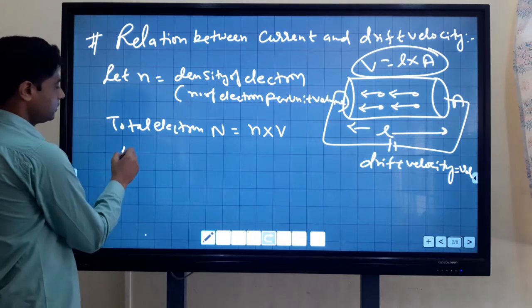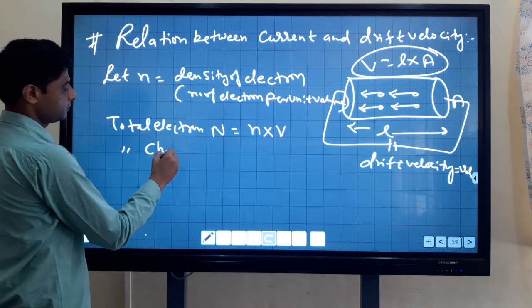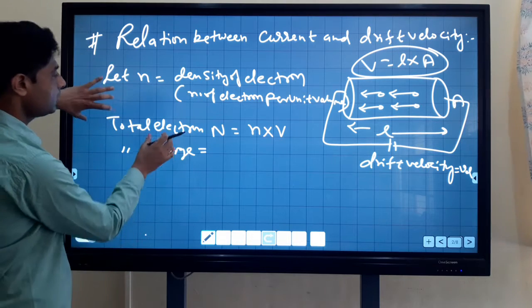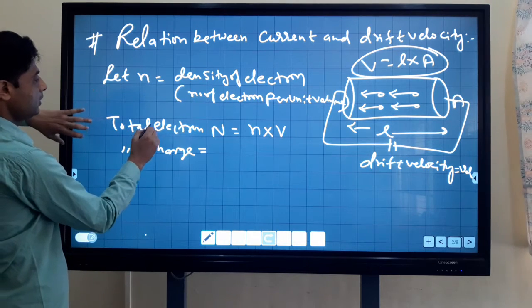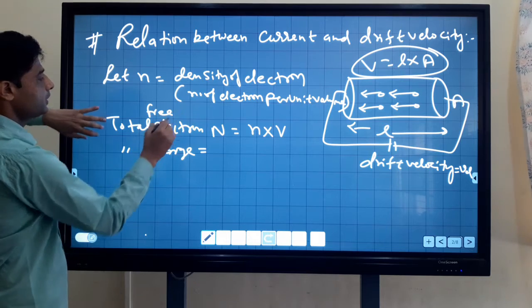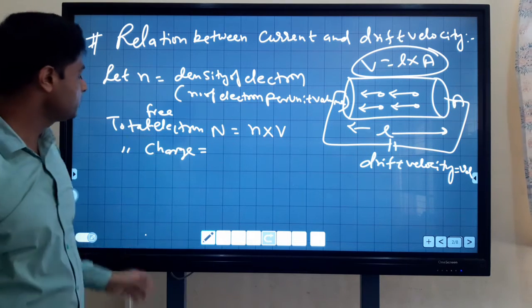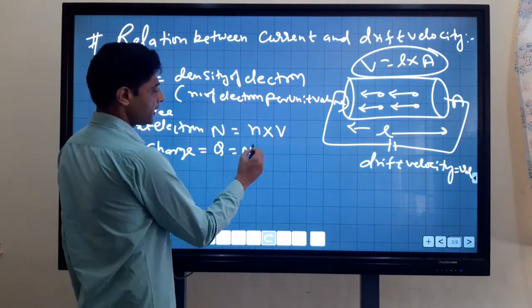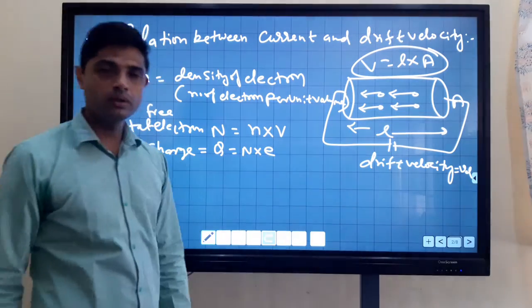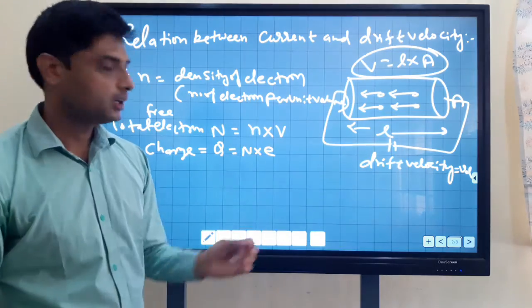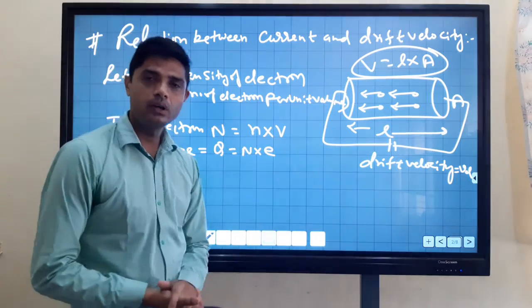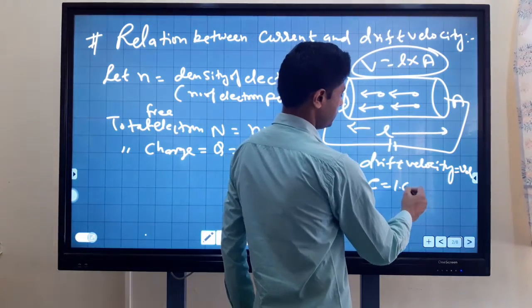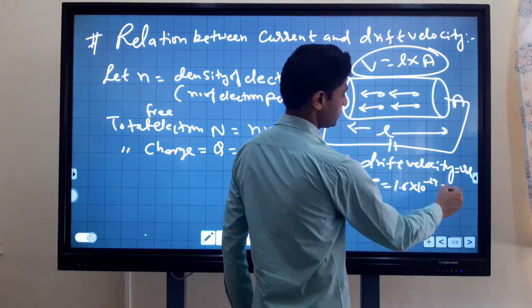So the total free electrons equal n into V, and total charge Q equals n into e, because one electron carries e charge, and the value of e is 1.6 into 10 to the power minus 19 coulomb.